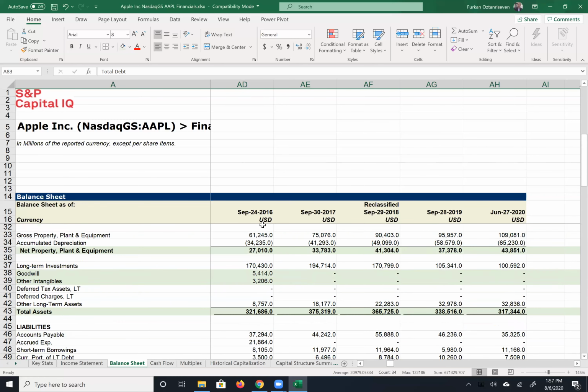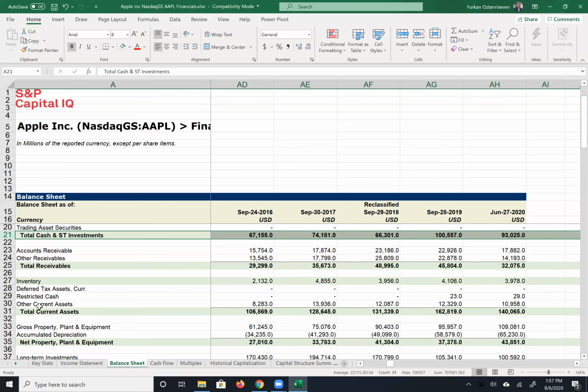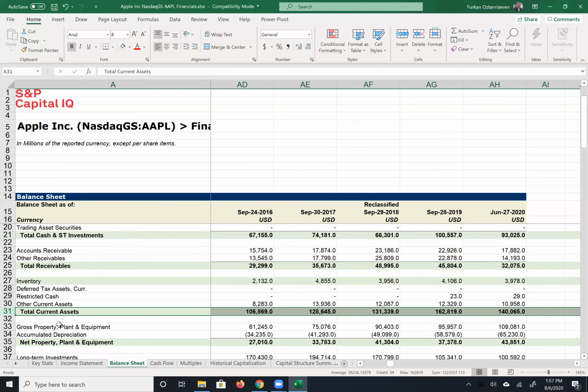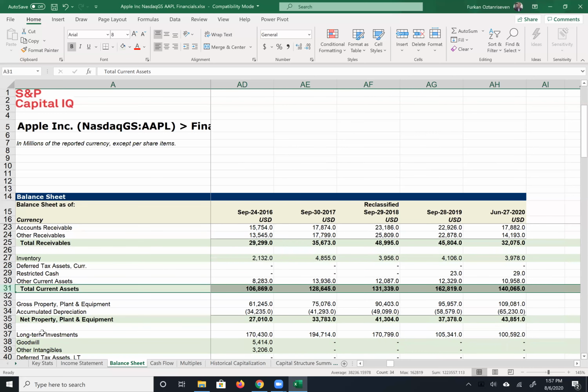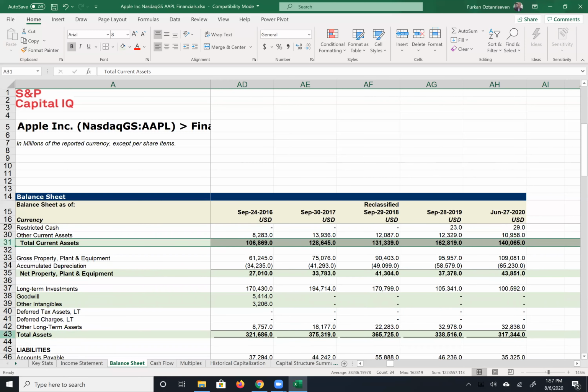Again, if we do a recap, we really want to understand the total cash and short-term investments. These are really liquid. And then we really want to understand total current assets that we can convert into cash, hopefully within a year. And we need to understand the depreciation and gross property. It's good to understand the impacts of goodwill and other intangibles.